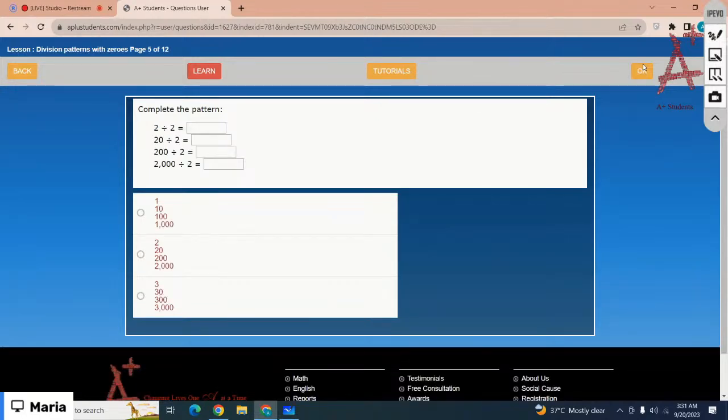Complete the pattern. Which is the correct option? Yes, that would be option number 1. Very good. 2 divided by 2 is 1, so that would be option number 1.